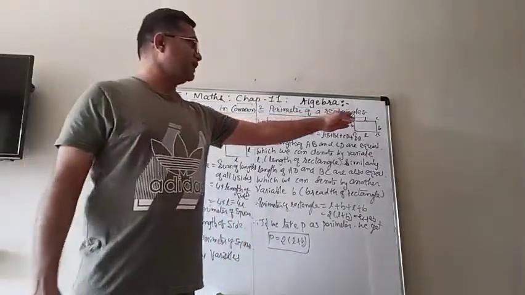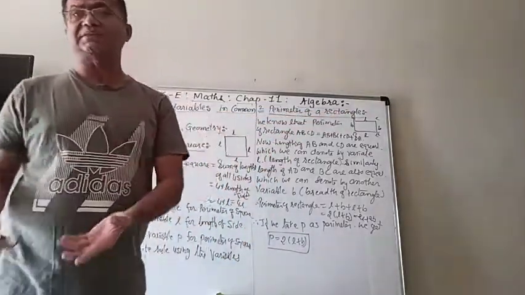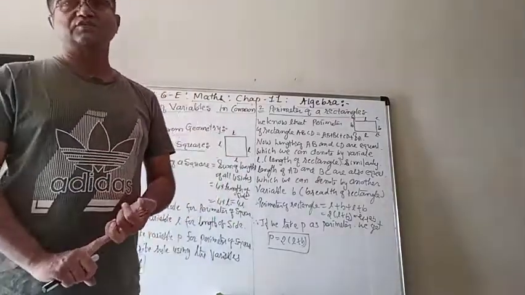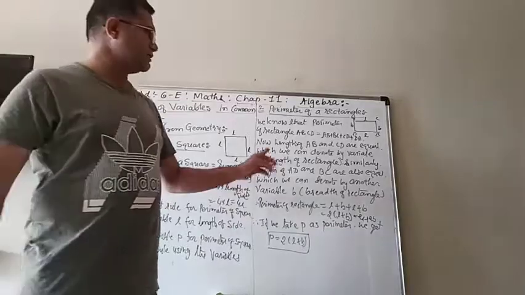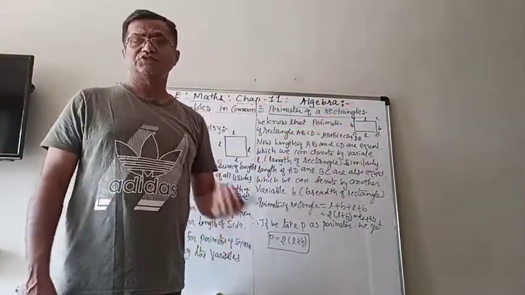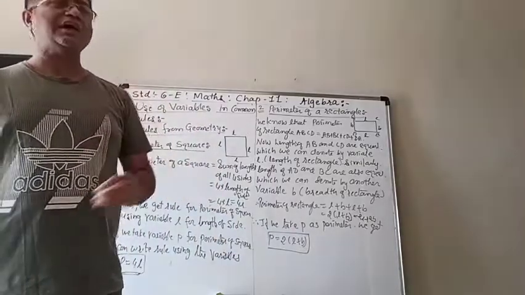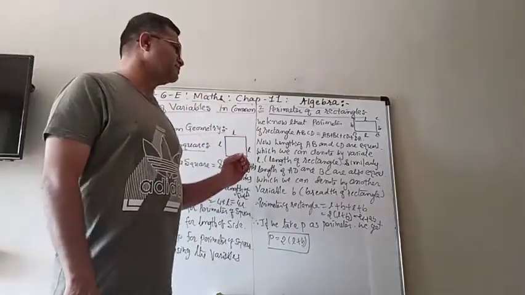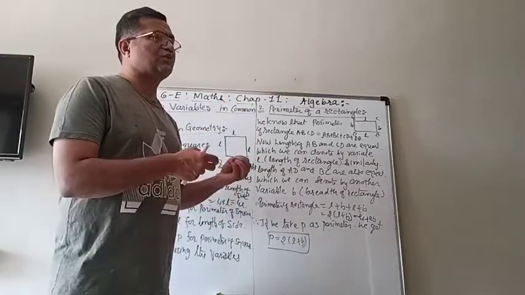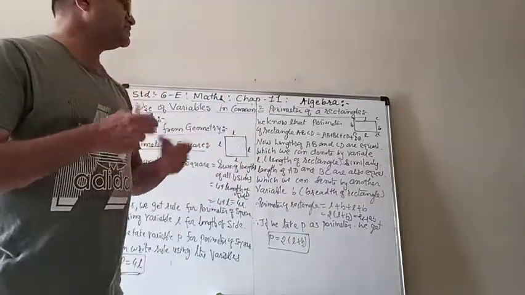Similarly, the area of the rectangle is length multiplied by breadth. We took L for length and B for breadth, so area you can denote by A, so A is equal to L multiplied by B. For any formula you can use the variables, and so your task is very simple and easily done.